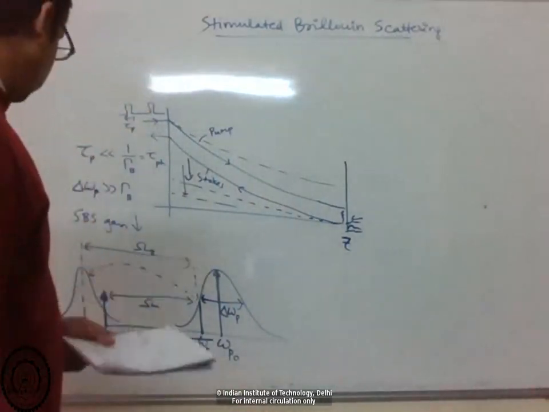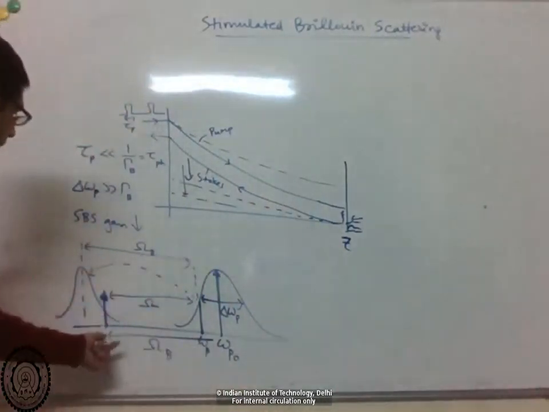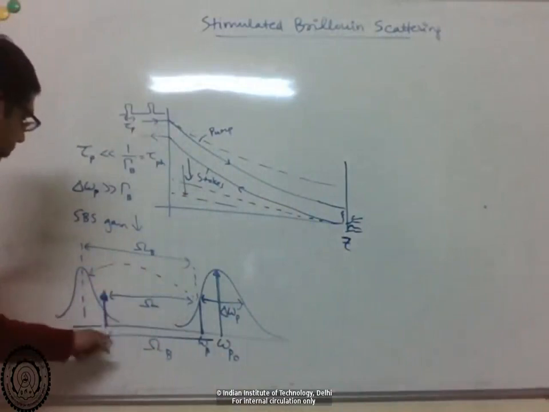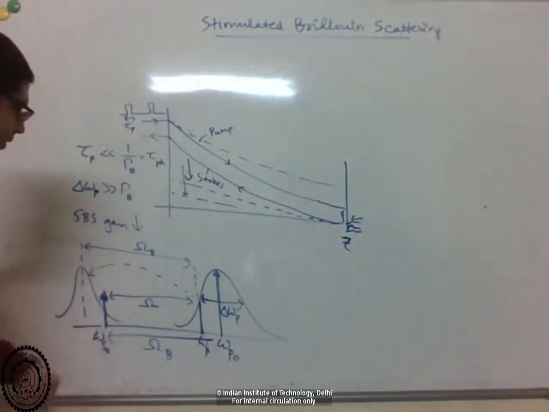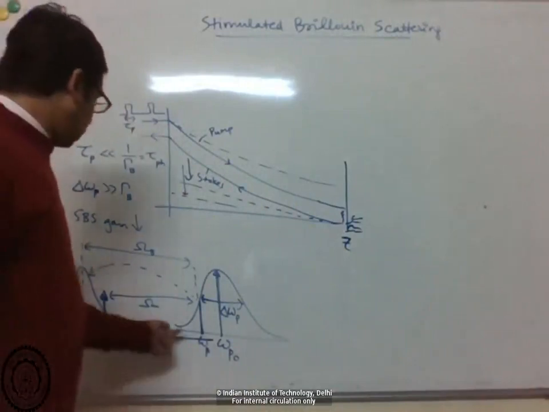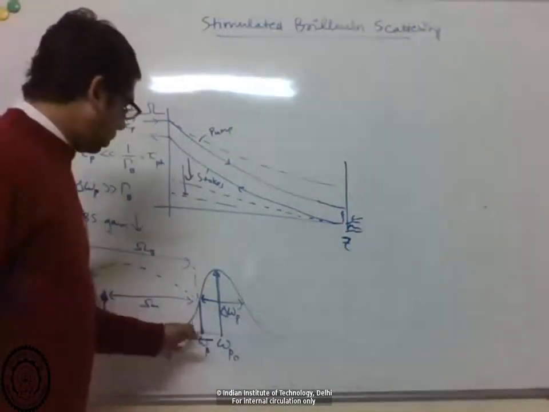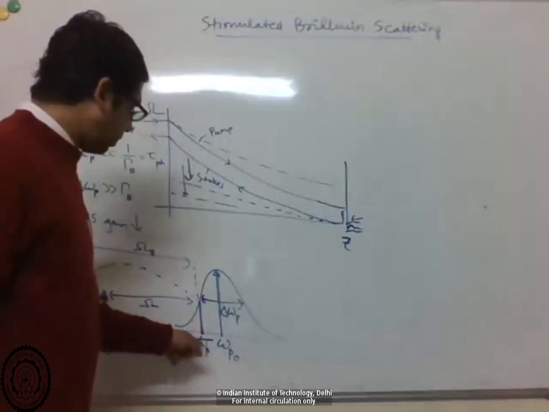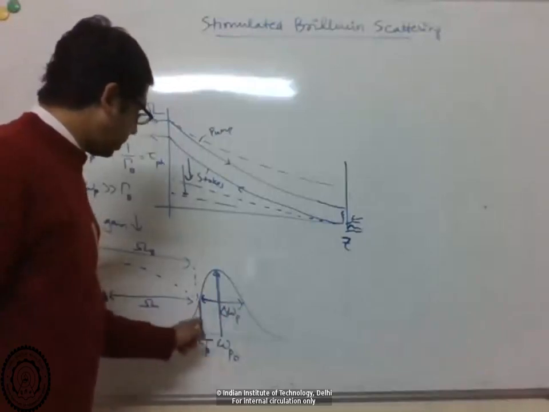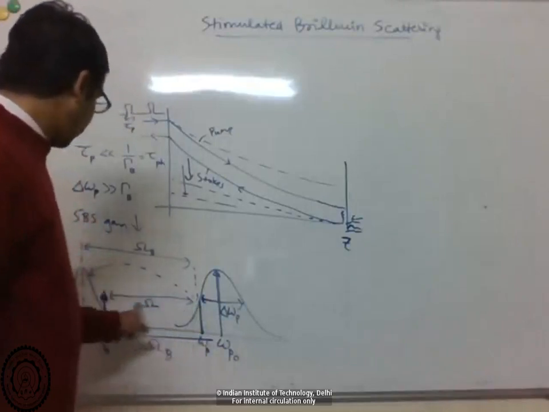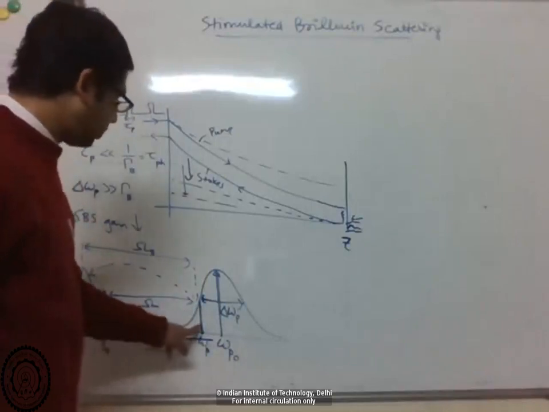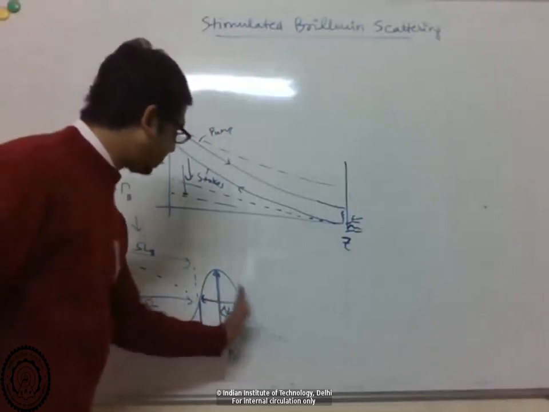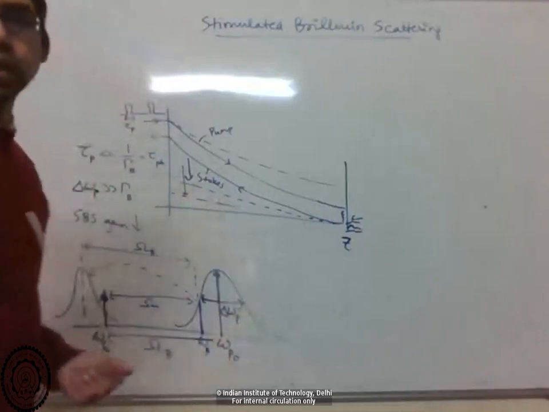Now we want to see what is the effective gain that this frequency experiences. What we need to do is pick a frequency within the bandwidth and see how much gain this experiences because of it, then change this frequency across the bandwidth and integrate.